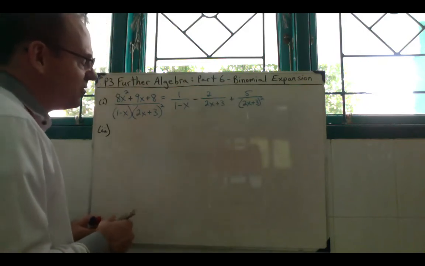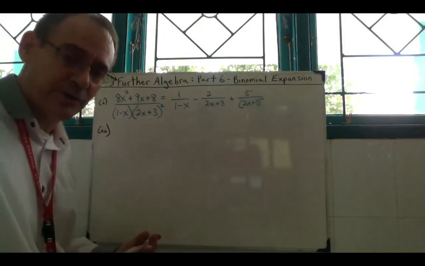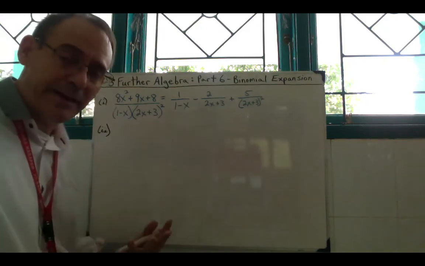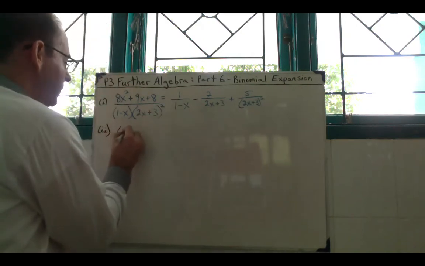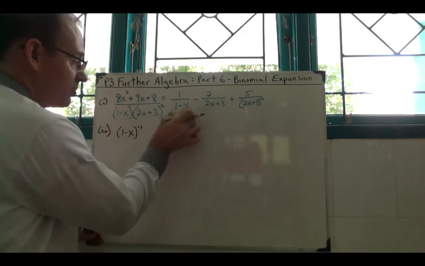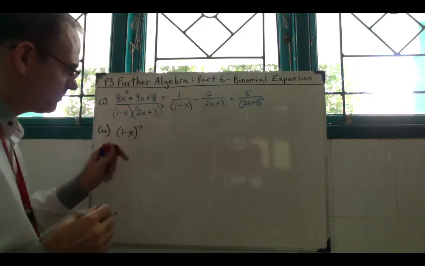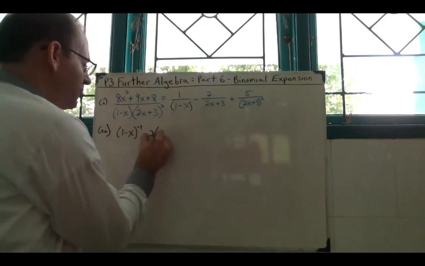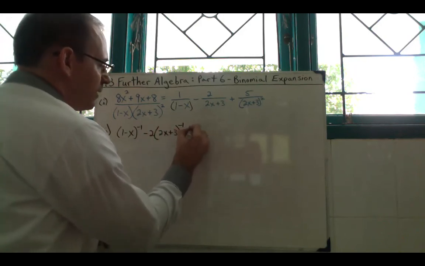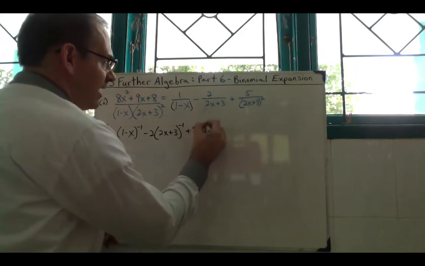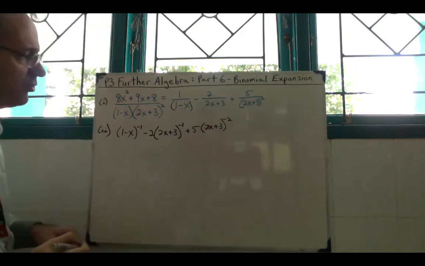So the first thing we want to do is bring these denominators up and put them into an exponent form. Again, we want to make it match the form for the formula. So this is going to be a 1 minus x to the negative 1. So we move it up to the numerator and change the exponent. Minus 2 times 2x plus 3 to the negative 1 plus 5 times 2x plus 3 to the negative 2 power.